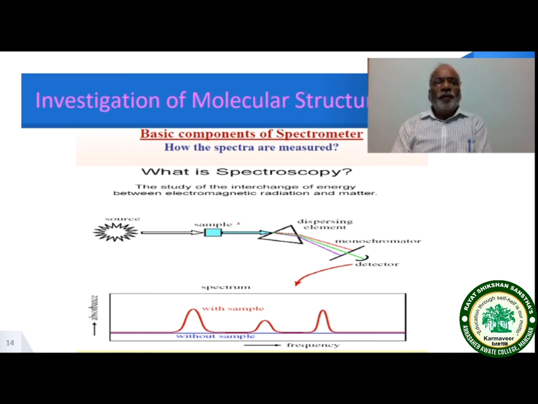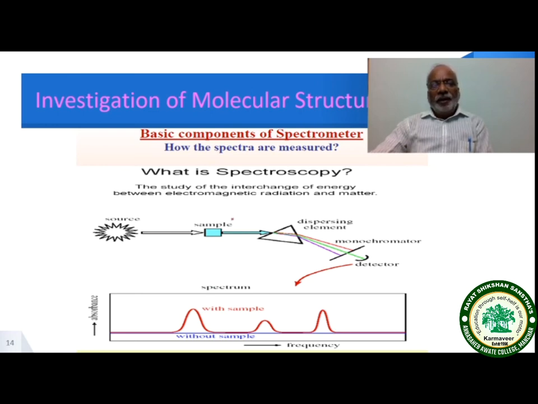All these spectrometers have four basic units. The first one is the source of light, which depends on the spectrometer. When it is a microwave spectrometer, the source should emit microwave radiation from the electromagnetic spectrum.